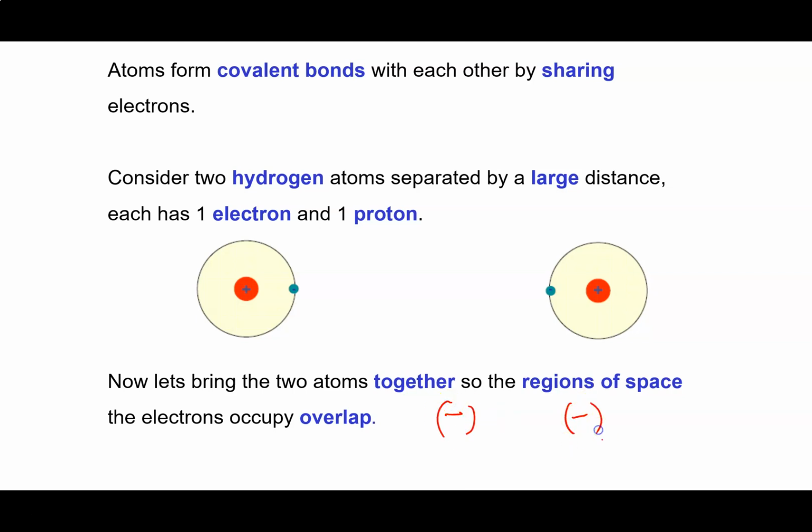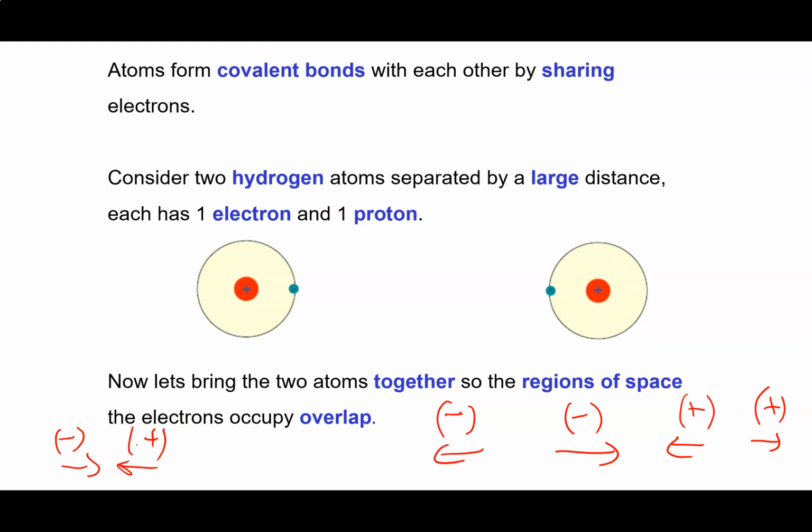So the electrons on these two atoms are going to repel one another. Similarly, the protons on these two atoms will repel one another, but there will be attraction between the electrons and the protons because they have opposite charge.